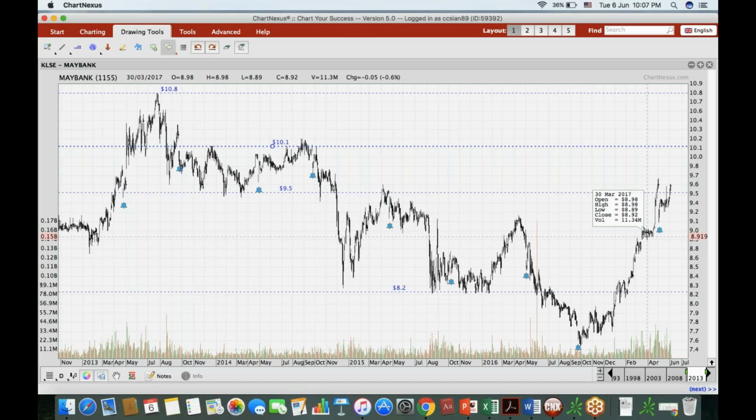Then I go to the charts, and I buy slightly above the support level. I will look at the chart for a possible entry. So for me, it's a top-down approach. I look at the Malaysian economy, then go to that sector, to the industry, and I pick the company that has the greatest potential in that industry. Once I pick the stock, I go to the charts and see the likely entry point and exit point.